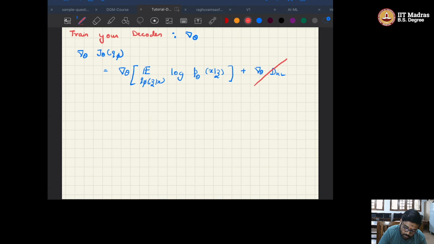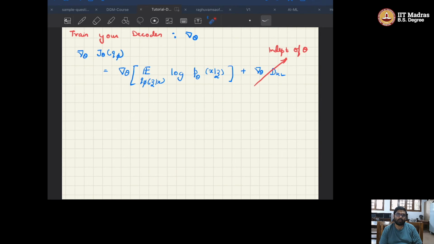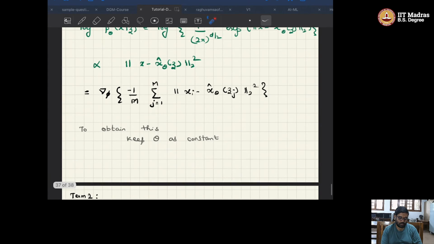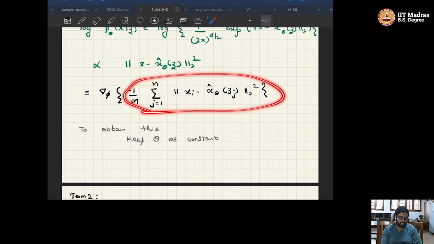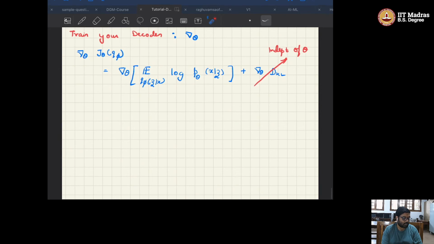As it turns out, as I told you, this is independent of theta, so you don't need to worry about it. So now you need to calculate this specific term, and we know how to do it. It is the same term; you have to take the gradient with respect to theta here, and then you just stop at the decoder.